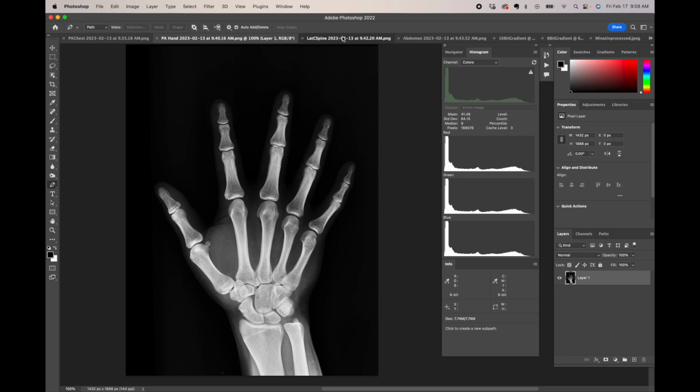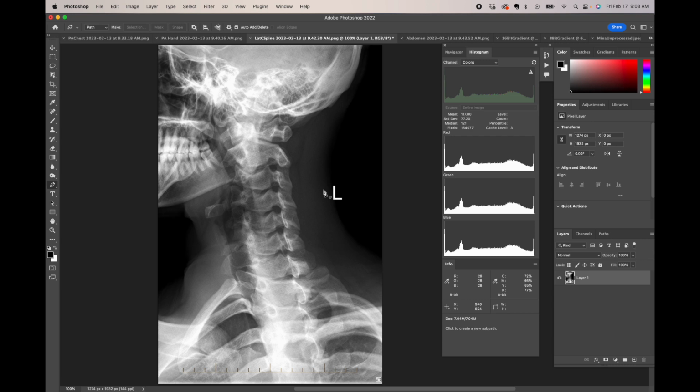Next up is a lateral C-spine. I chose this because it's kind of midway between a short scale and a long scale image, I think. You have a lot of different tonalities of gray, but you also have a lot of the contrast that you see in a hand x-ray. And you can actually see it in the histogram here.